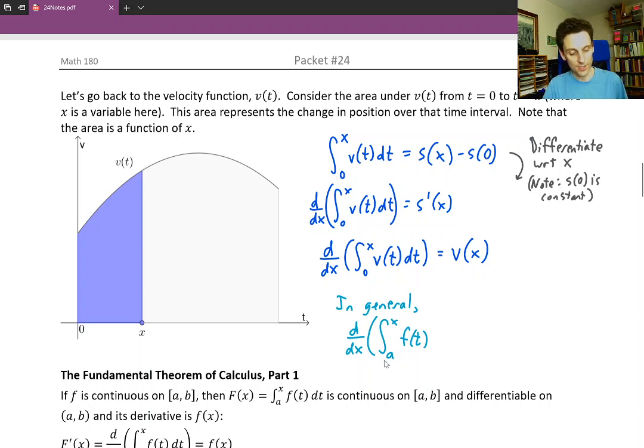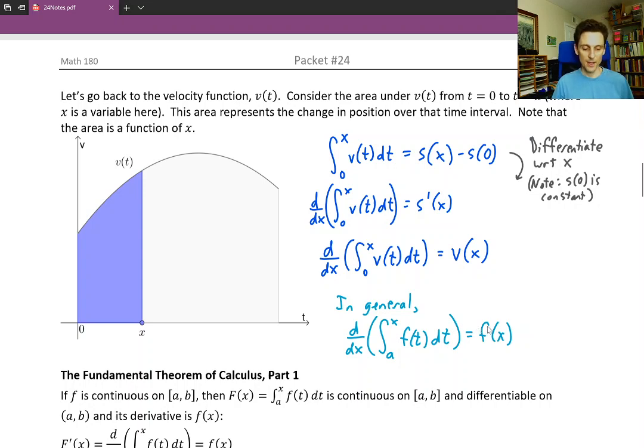So it doesn't matter what our starting t value is. So in general, if we take the derivative of the integral here, in a sense they're undoing each other, and you just get back the original function.